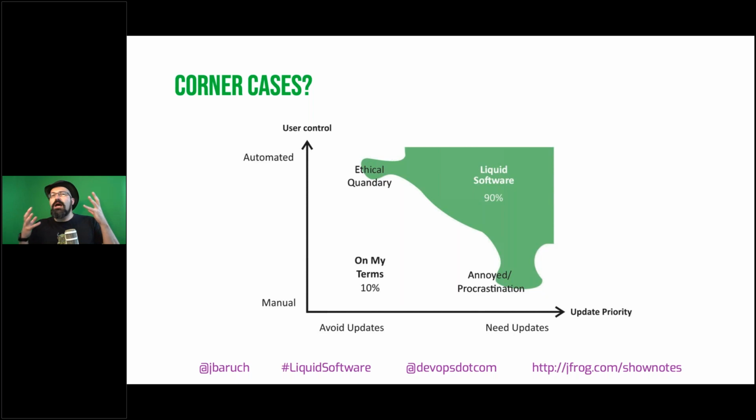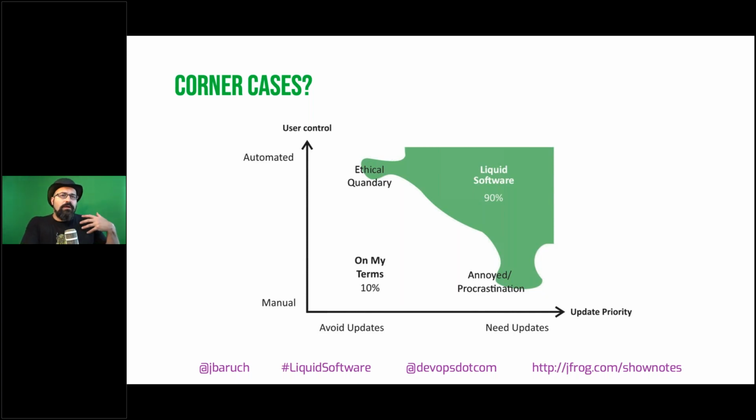How about updating planes mid-flight? Sounds like a crazy idea. I bet the majority of you think that this is a proper exception when we don't want the continuous updates. And what I want to do in 2 minutes before we get to Q&A is try to change your mind.